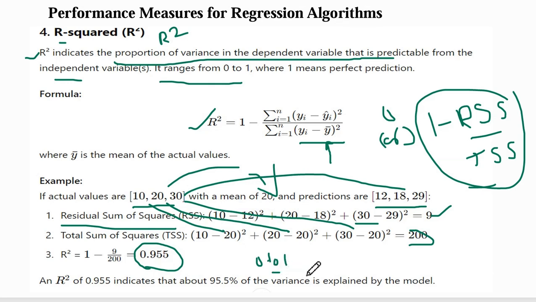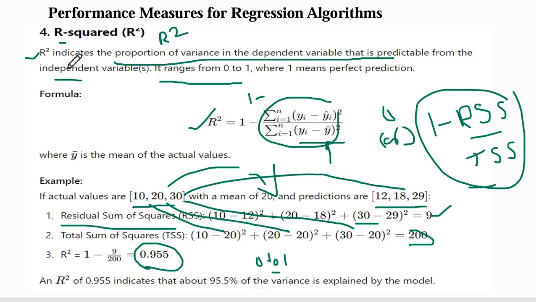When we say that the model is good, if this value is nearer to 1, then we say that the model is good. Why? Because in this equation, 1 minus some error value, only if you get a big value do we say that the model is good. If the value is low, the model is not a good model.